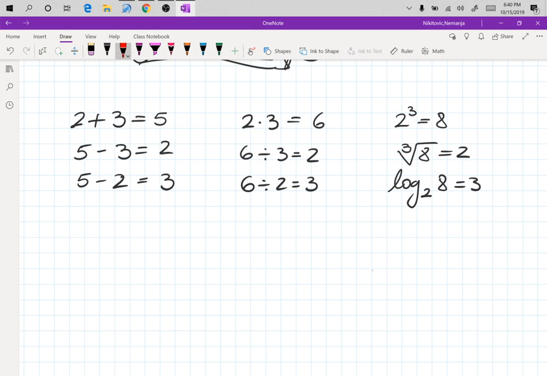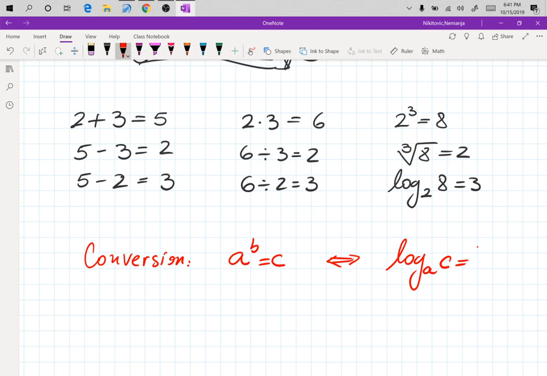So we are getting a conversion which says that a raised to the b equals c converts into log of base a of c will give me answer of b. And now you can, in your mind's eye, put 2, 3, and 8 into these and verify that they are in the right spot.